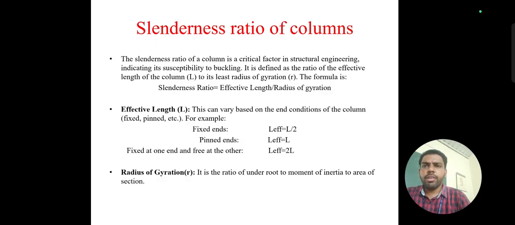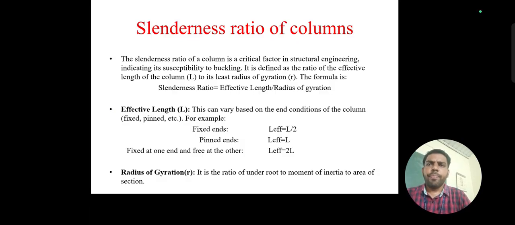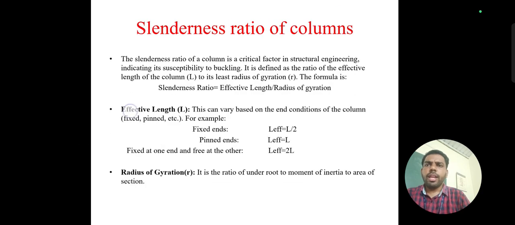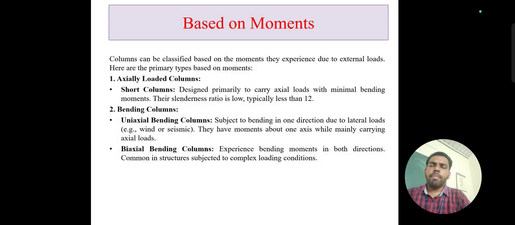Next, coming to radius of gyration: it is the square root of the moment of inertia divided by the area of the section. Next, based upon the moments, columns are of three types: axially loaded columns, uniaxial columns and biaxial columns.